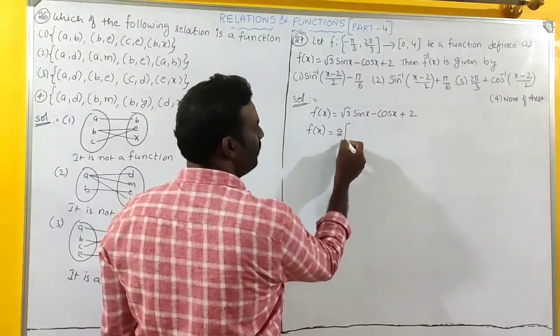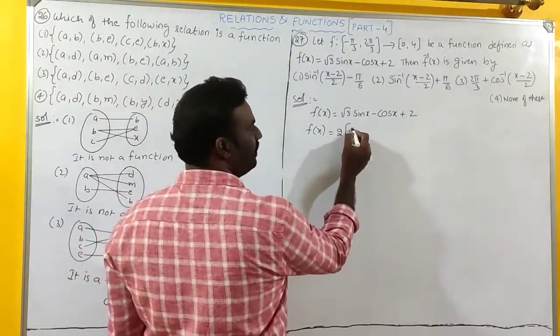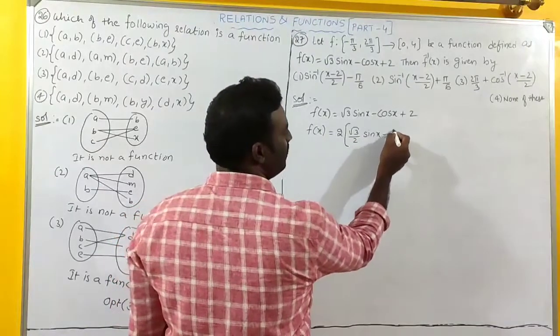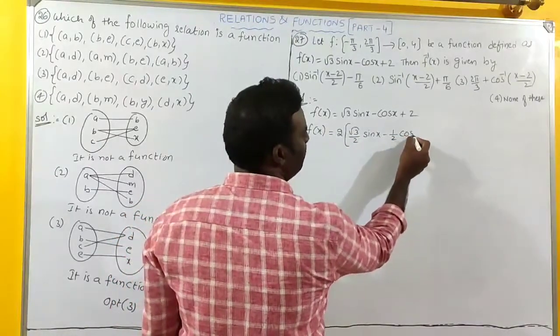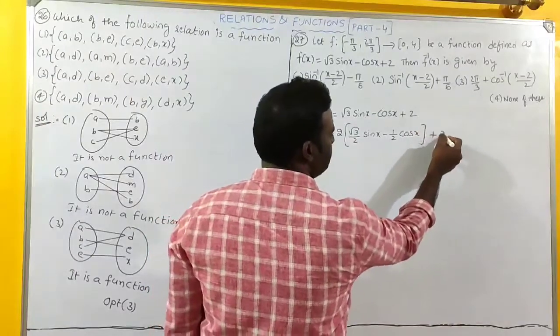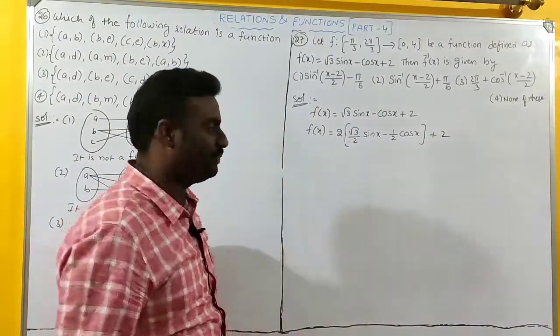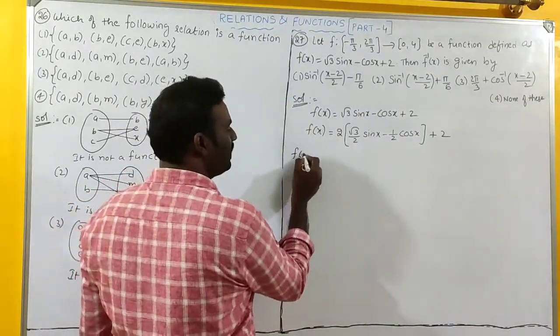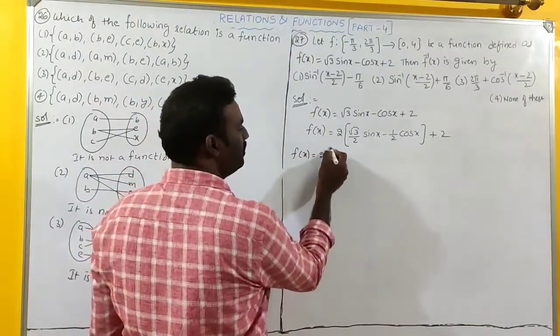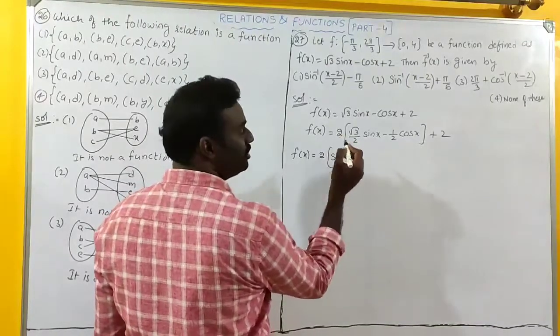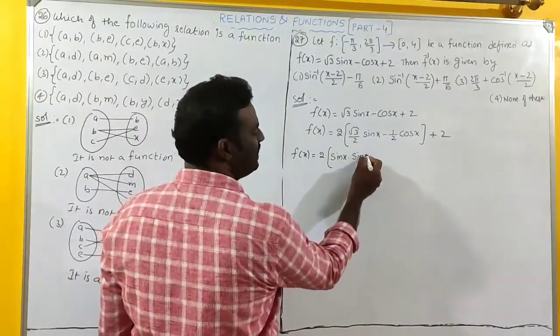Divide with 2, multiply with 2. Then root 3 by 2 sin x minus 1 by 2 cos x plus 2. Here multiply with 2, divide with 2. Now f of x equals 2 into sin x into root 3 by 2, which can be written as sin 60.